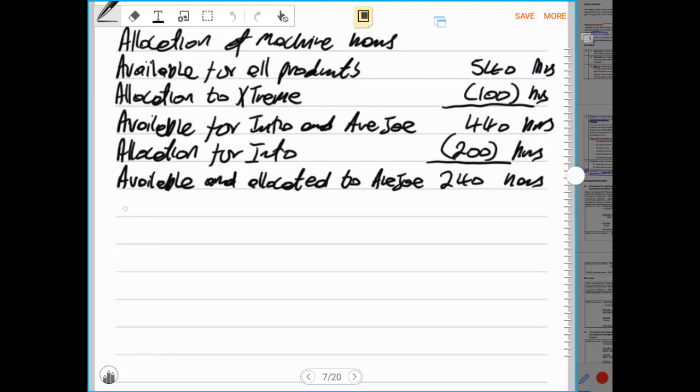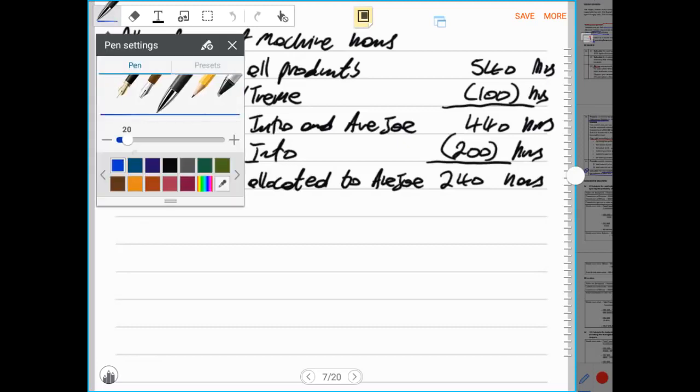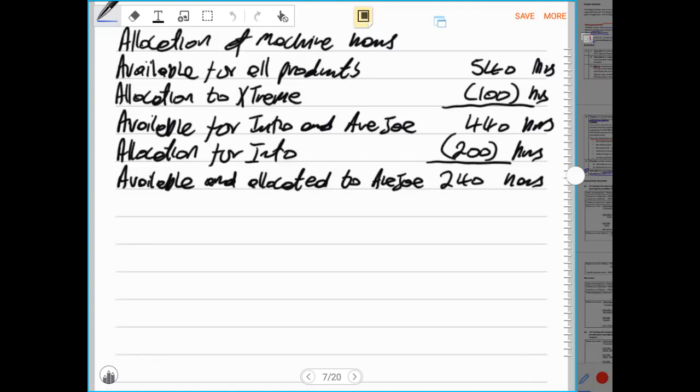Therefore now the question is, how many units can be manufactured out of the 240 hours that are available? So we say units to be produced for product Avjo. How many units can they produce out of the 240?